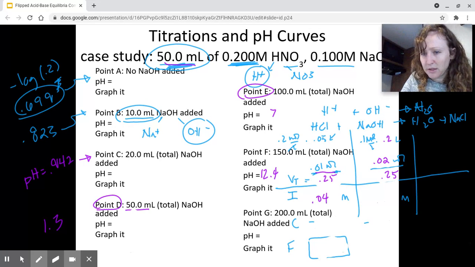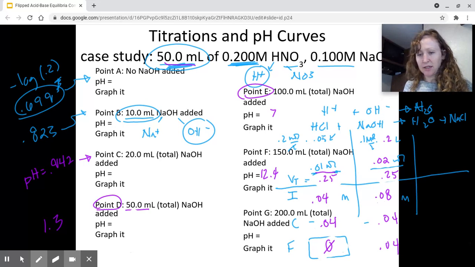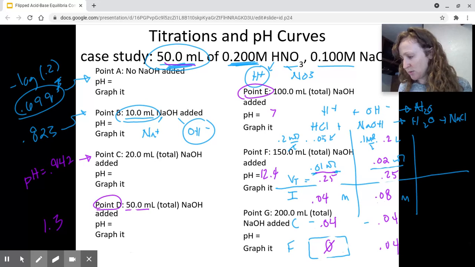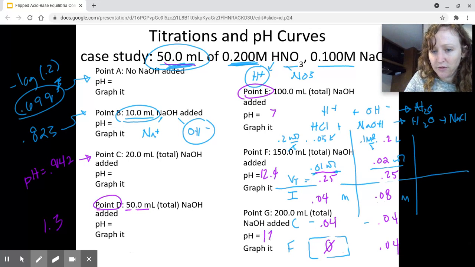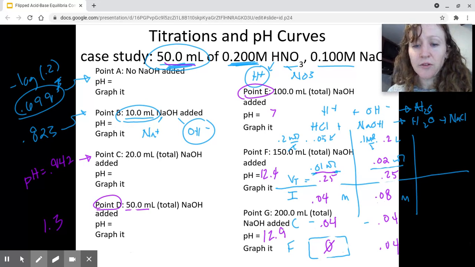Okay, this is going to be a 0.08. My acid will run out first. I'll get 0 acid, and then 0.04 is left for my base. I can take the negative log of that and get pOH. Then I take 14 and subtract it, and I get a pH of 12.9.